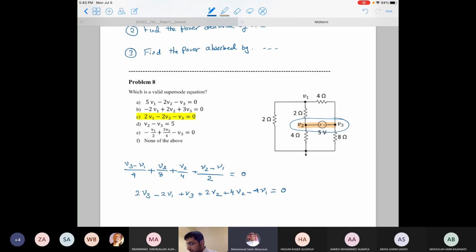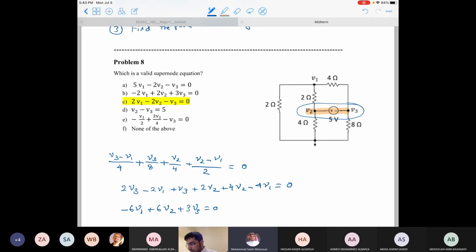If I group terms, I will end up with negative 6v1 plus 6v2 plus 3v3 equals to 0. So this is the supernode equation.